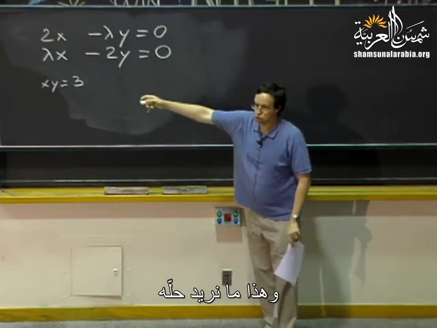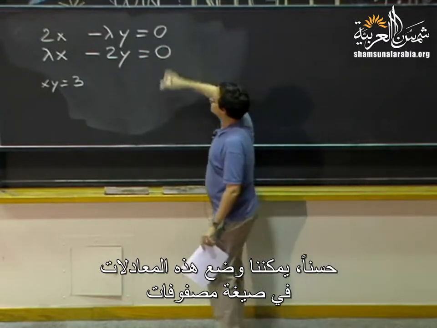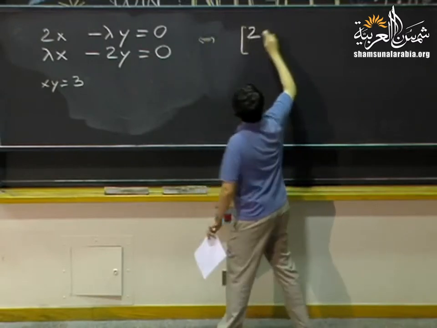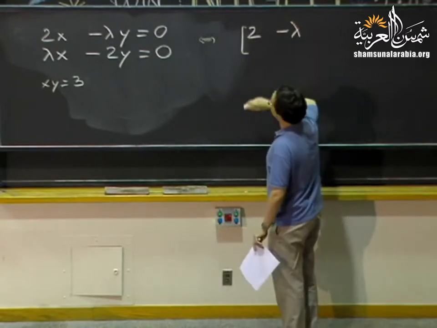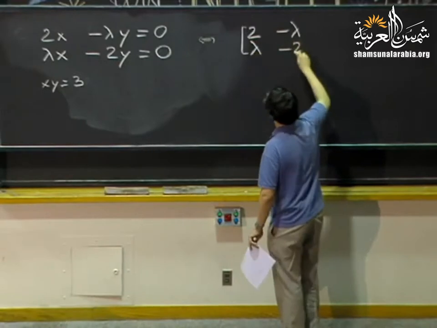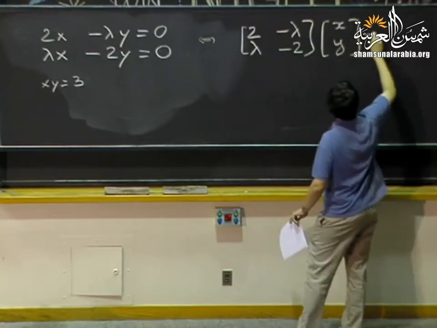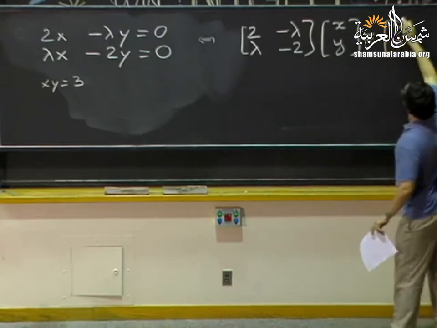That's what we want to solve. Well, I can put this into matrix form: the matrix [2, minus lambda; lambda, minus 2] times (x, y) equals 0.